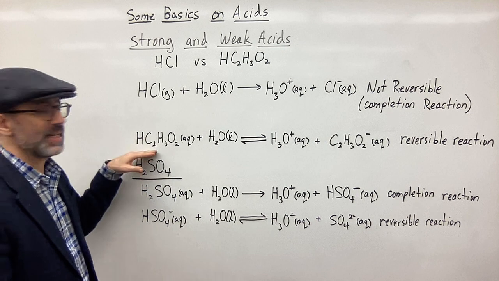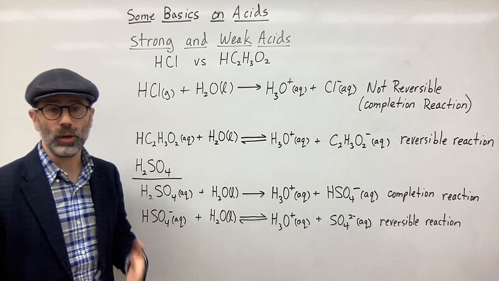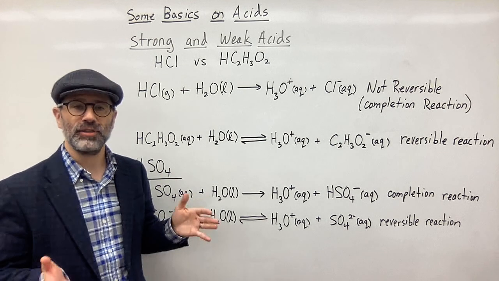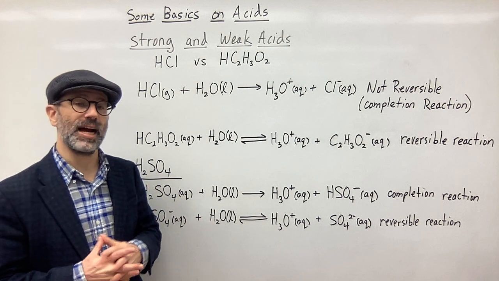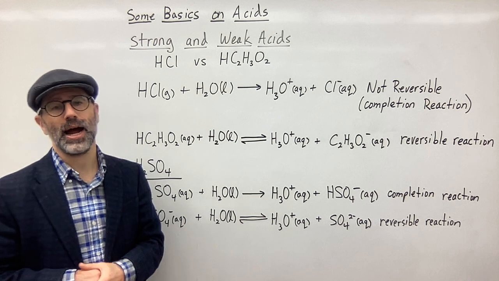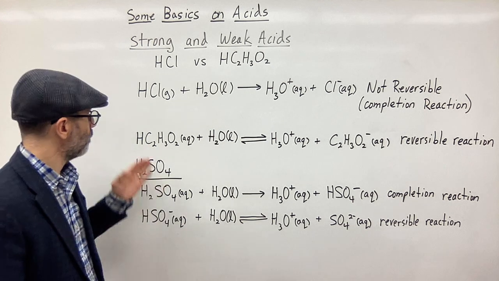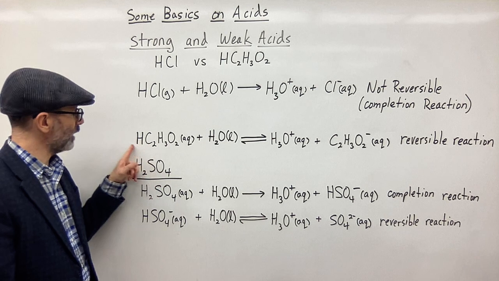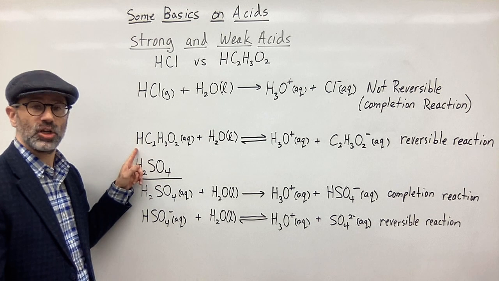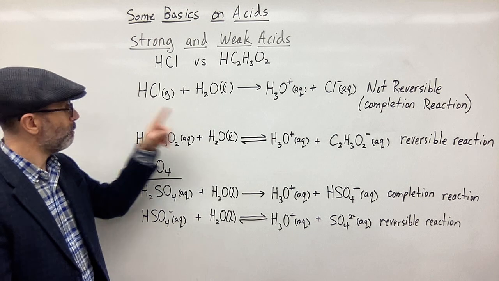Now, for acetic acid, which is your typical weak acid, the opposite is the case. Hardly any of this is going to ionize. It's not going to really react with water that much. A tiny fraction will, though. So this acidic hydrogen will come off and bind with water.